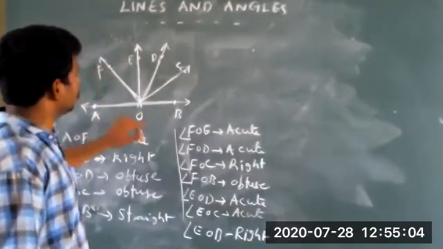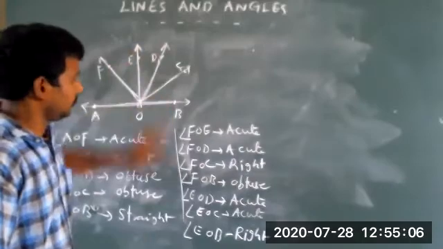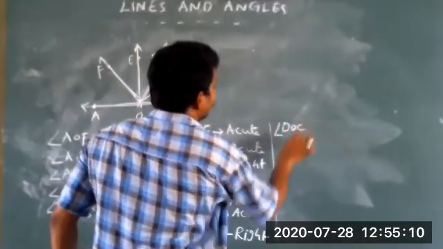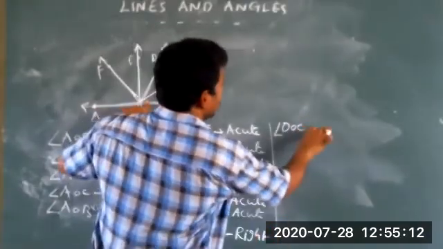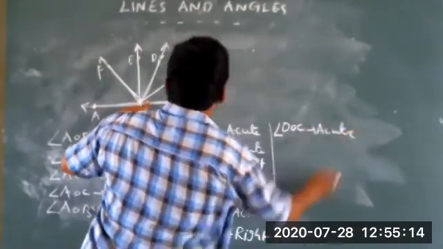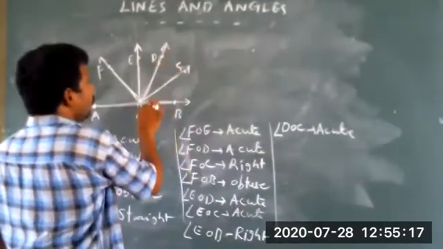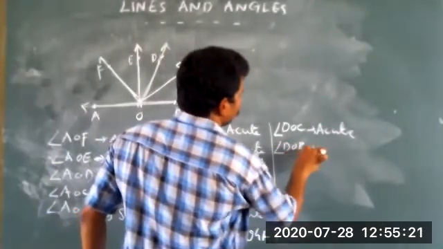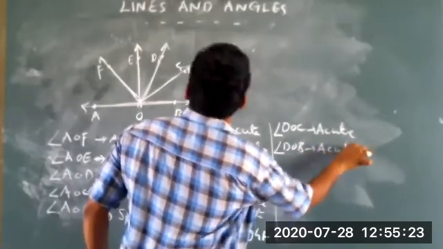Next, angle DOC. Which angle? Acute angle. Angle DOB, that is also acute angle.